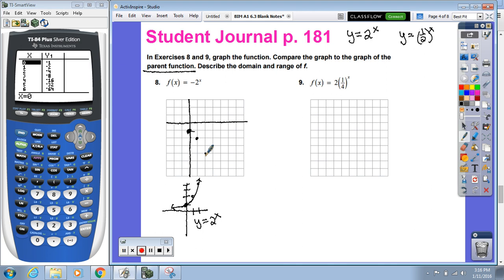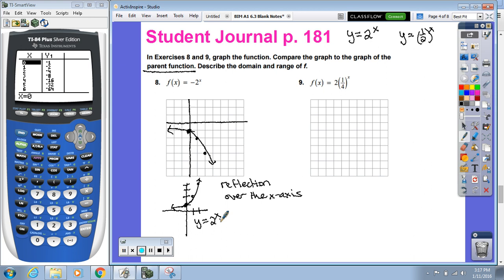Now if you think about that, that's very similar to points we had here, except the graph is now down below the x-axis. So if I wanted to explain this, if I wanted to be really specific, I could say that the graph is a reflection of the parent function, and it's a reflection over the x-axis.